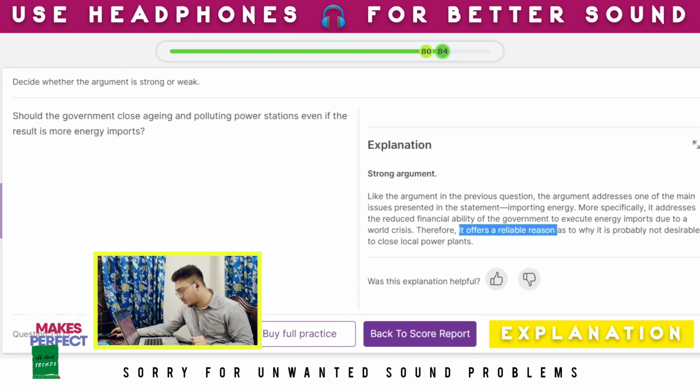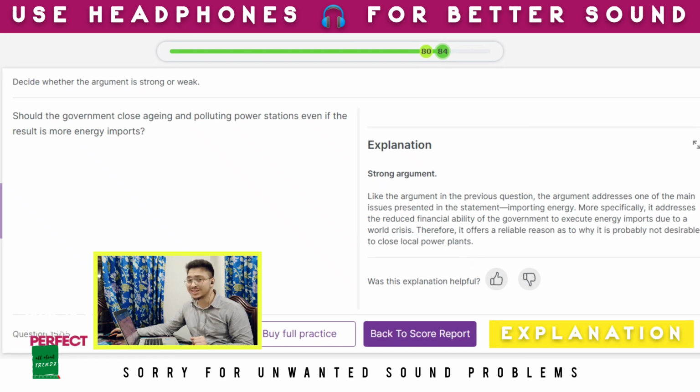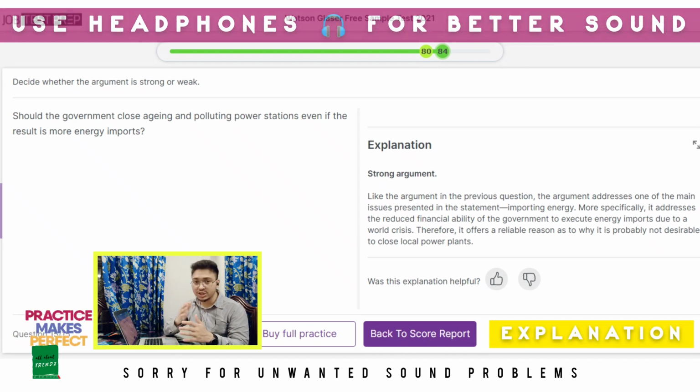It offers a reliable reason as to why it is not desirable to close local power plants. The local power plant is already meeting the demand, so why would you need to import outer energy to mitigate the solution? That's all.